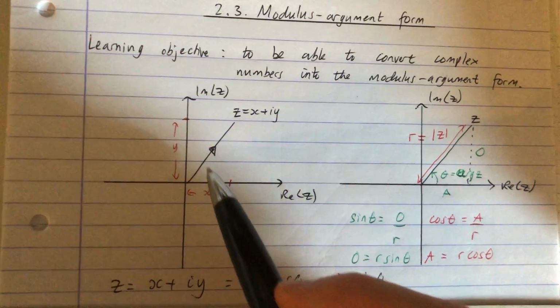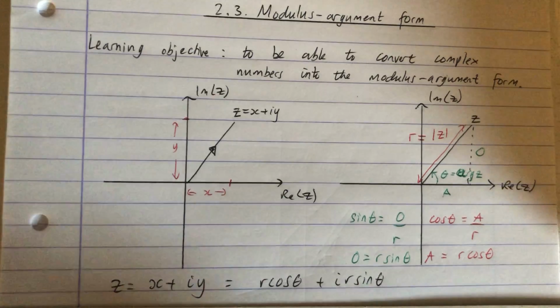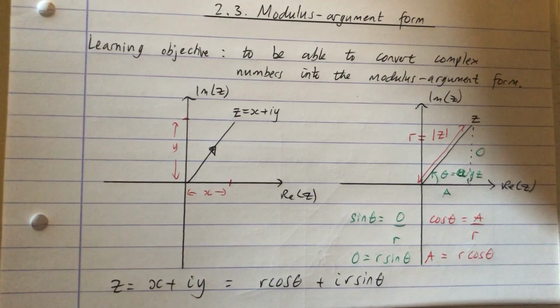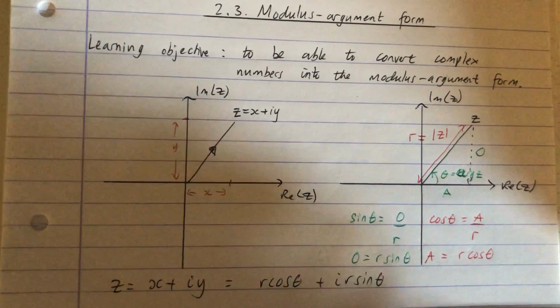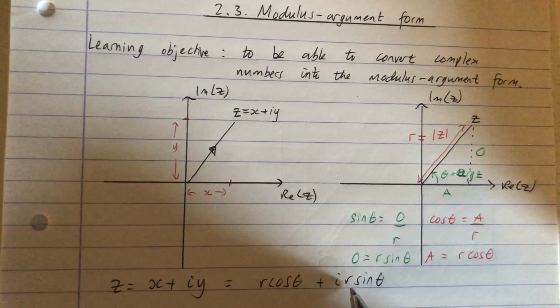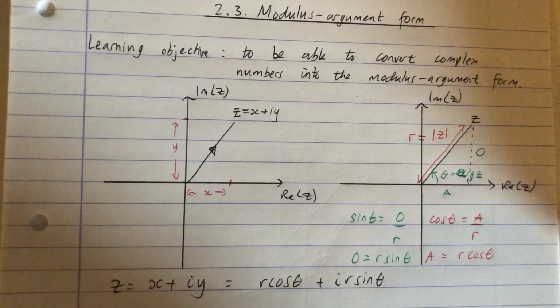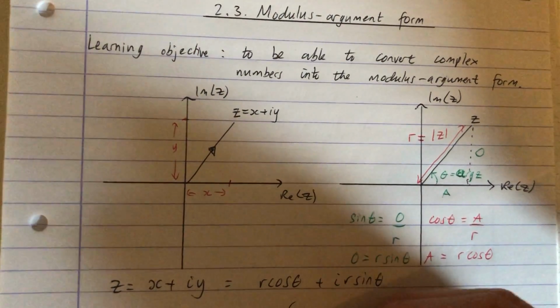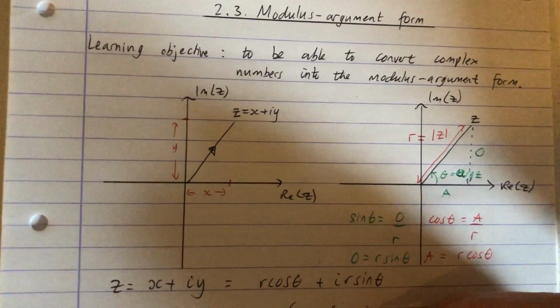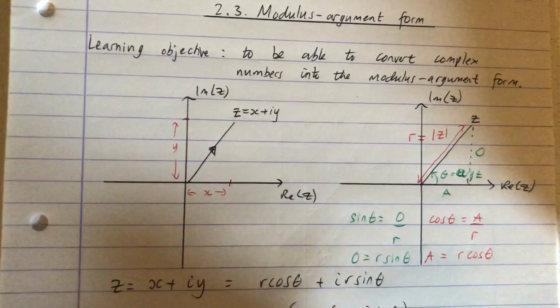Opposite, adjacent, y and x. Obviously, first thing that should stick out to you is the fact that there's r common to both terms, so you could factorize. So z is equal to factorize the r out, cos theta plus i sine theta.